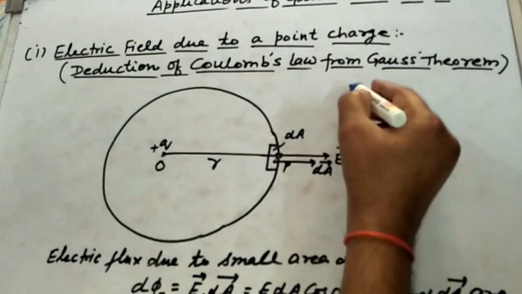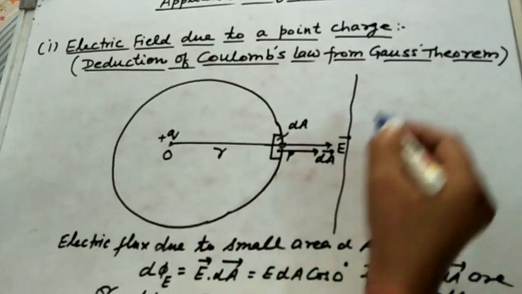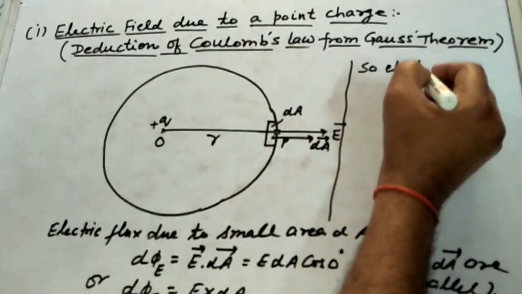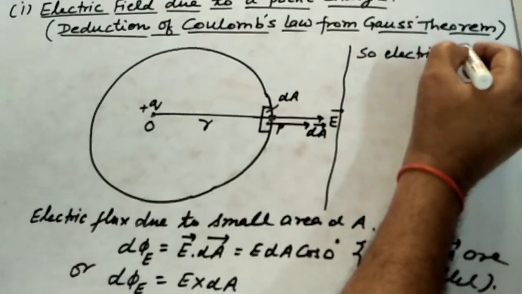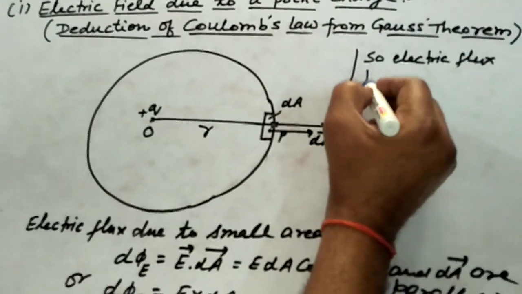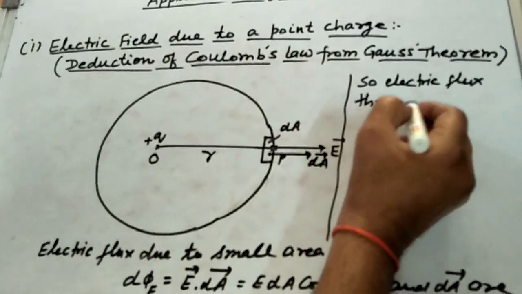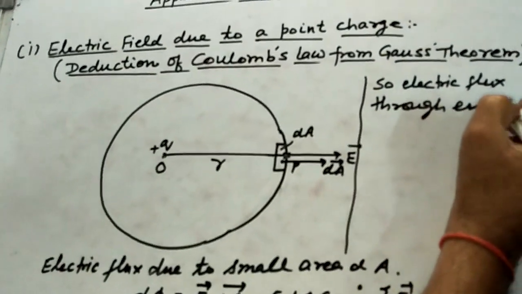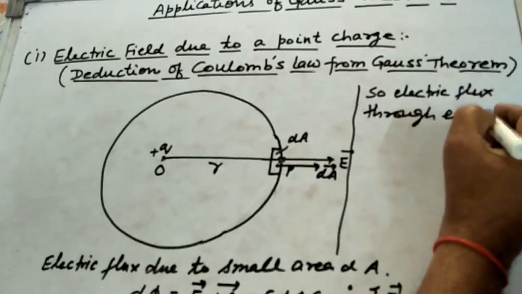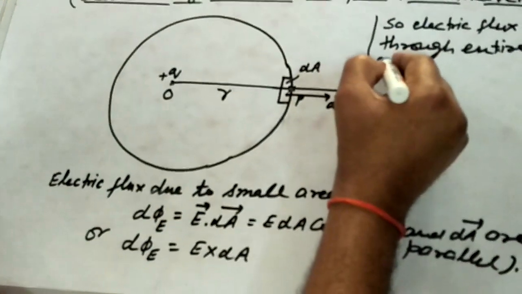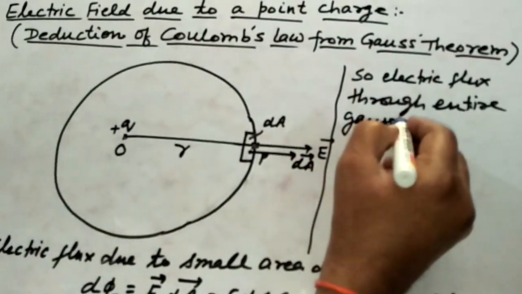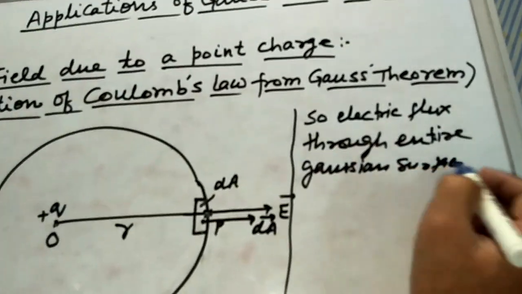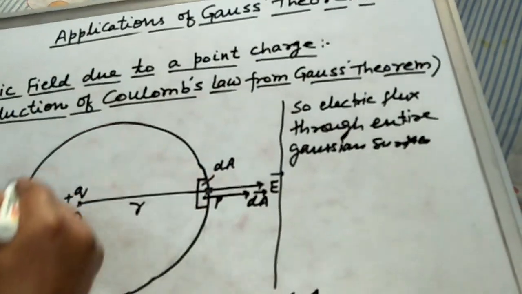So electric flux through the entire Gaussian surface. Entire Gaussian surface means through this whole spherical surface.